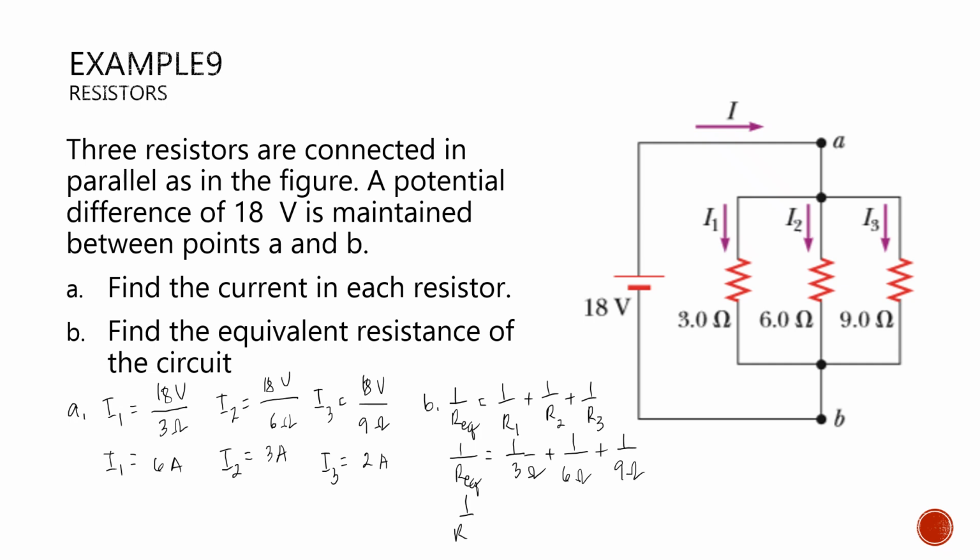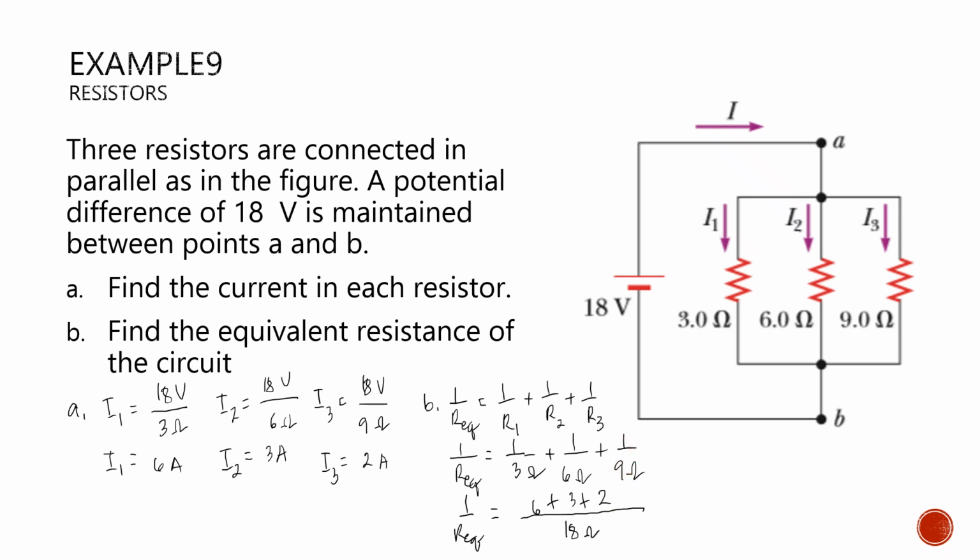So we can combine the three fractions. We get the least common denominator, which is 18 ohms. So 18 divided by 3 times 1, that's 6. Okay, plus 18 divided by 6 times 1, that's 3. And 18 divided by 9 times 1 is 2.